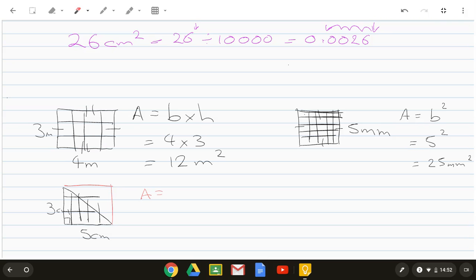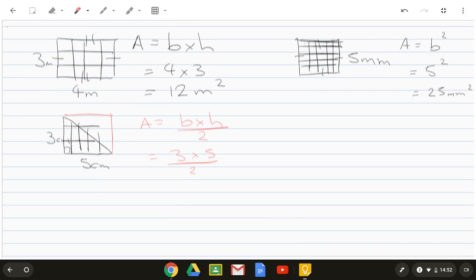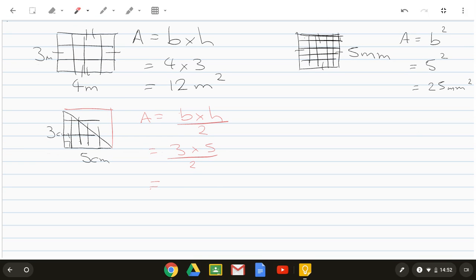So the area of the triangle is base times height divided by 2, because we've cut those in half. So in this case, it's going to be 3 times 5 divided by 2. 3 times 5 is 15 divided by 2, which is 7.5 centimeters squared. So you don't always get complete squares, so it's quite okay to have decimals.